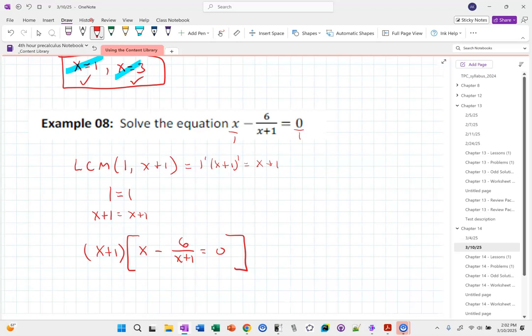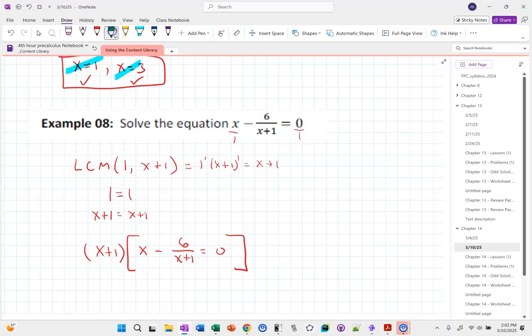And how much harder is it to solve a cubic polynomial versus a quadratic? It's a lot harder, right? You have to do like the synthetic division stuff probably, and it's kind of a nightmare. You want to make sure that polynomial is the least degree that you can make it. So you really want to make sure you're finding that least common multiple, because it's going to make your life way easier.